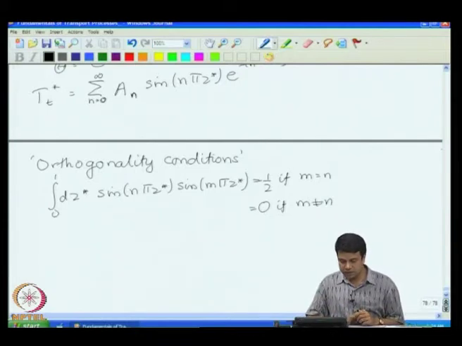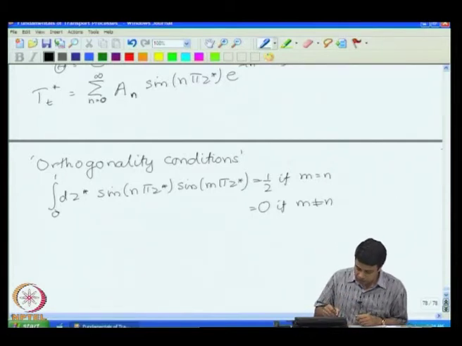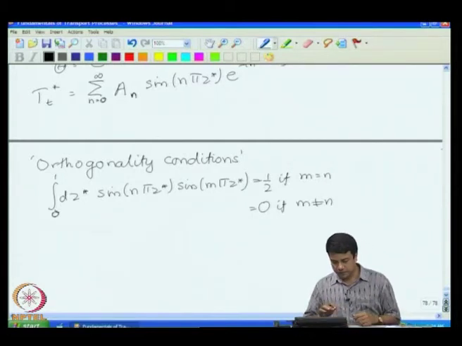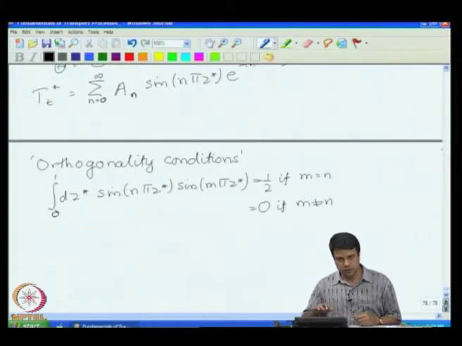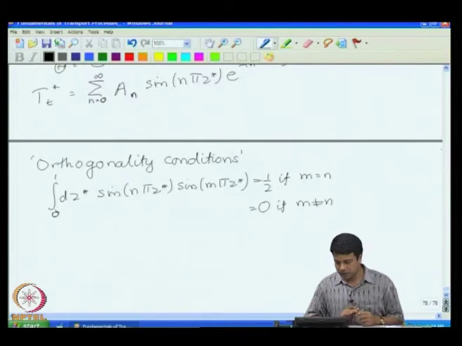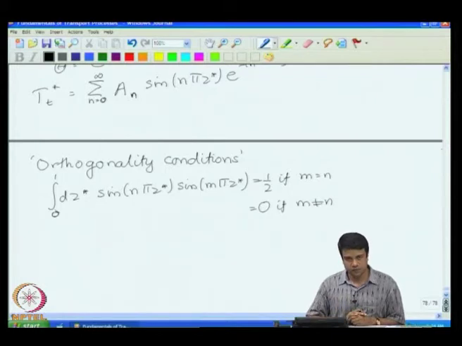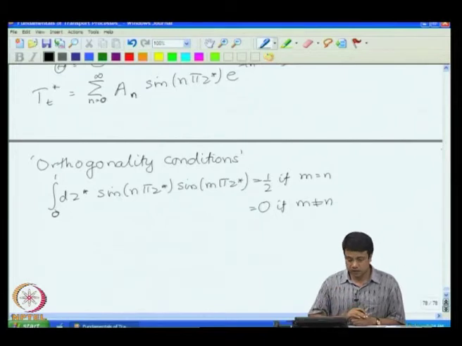So, in a sense, these functions defined on this domain 0 to 1 are all orthogonal to each other. If you take one function, multiply it by itself and then integrate it from 0 to 1, you get a half. If you take one function, multiply it by some other function, integrate from 0 to 1, you will get 0. So, every function when integrated with any of the other functions, all the way from n is equal to 0 to infinity, it ends up being 0.